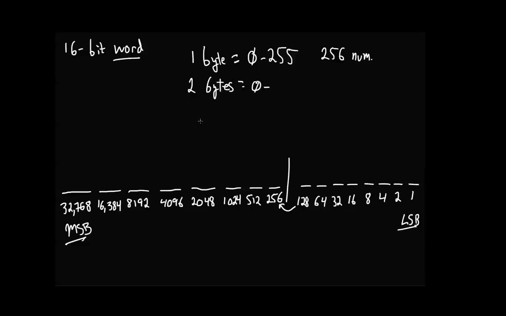Well, do you remember from just earlier in this video how to find the amount of numbers that are possible in a set of bits? It was take the most significant bit and double it, and that gives you the number of possible values. So in this case, we double the 32,768, and we get 65,536 possible numbers.